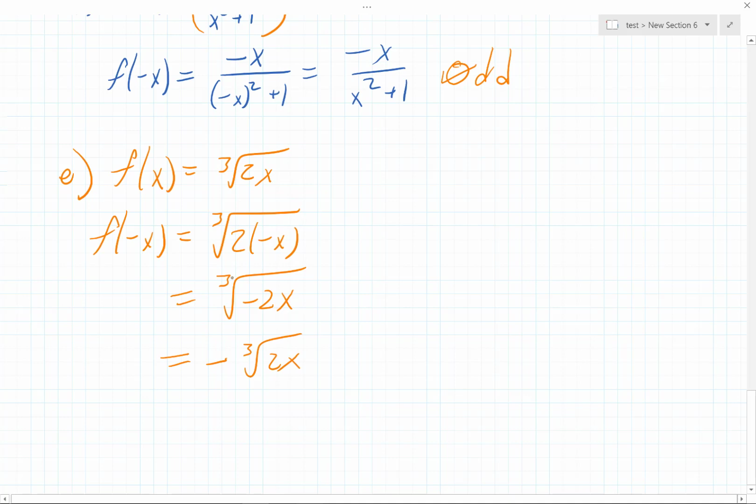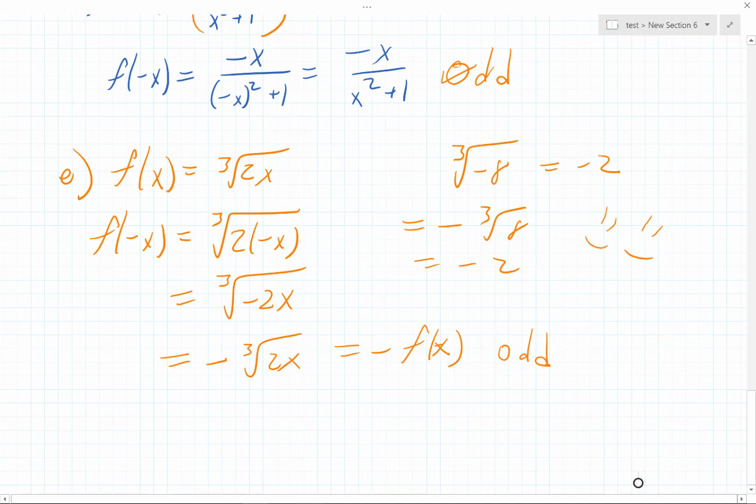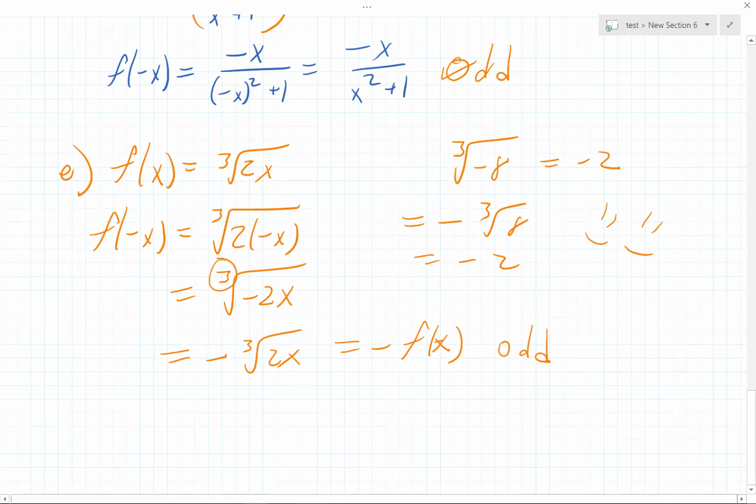If it were an even power index, you could not do that, but here you can. And so you notice that it is the opposite of the original function. So that's odd. If you don't buy this, you can check it. Like, what if you had the cube root of negative 8? That's negative 2, which does equal negative the cube root of 8, negative 2. So we can pull it through. It's all right. We're not afraid of odds.